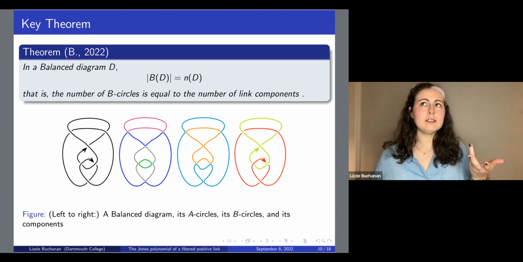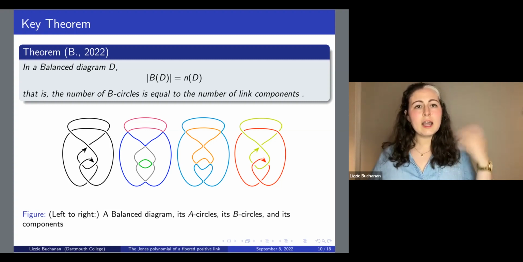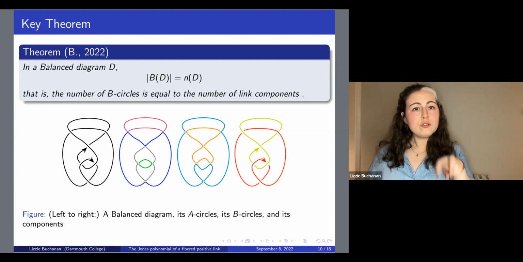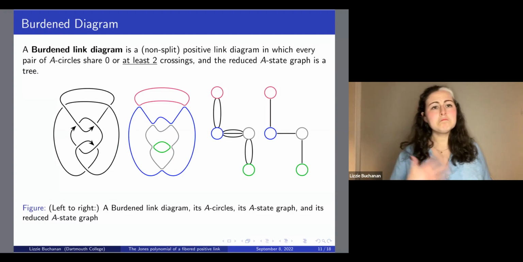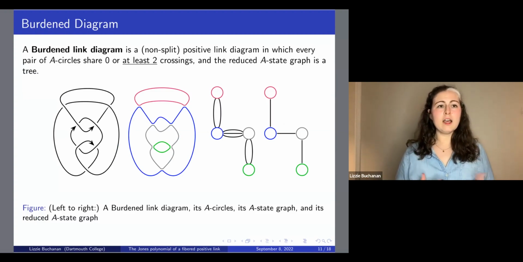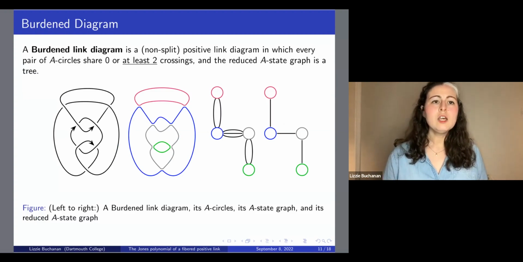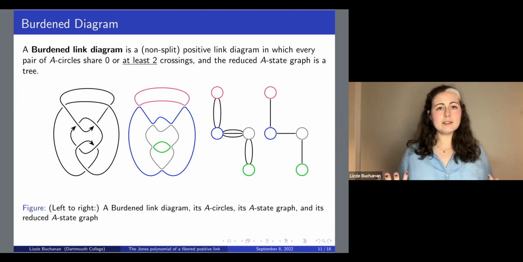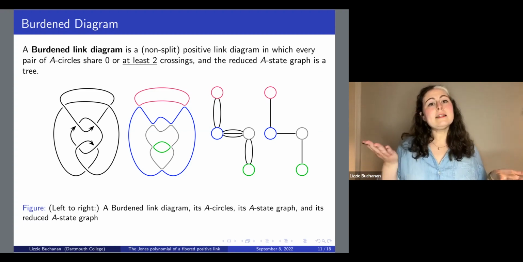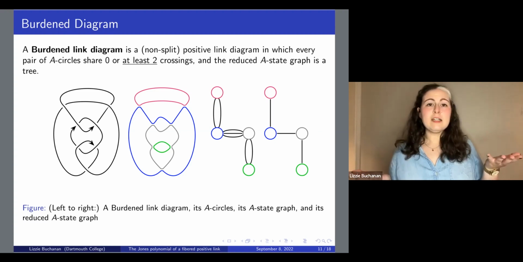We need the fact that for every pair of A circles, they either share exactly 2 crossings or they don't share any. However, we can then generalize this a little bit to define a burdened link diagram. So a burdened link diagram is essentially like a balanced diagram, but instead of being balanced, it is overburdened with extraneous edges.